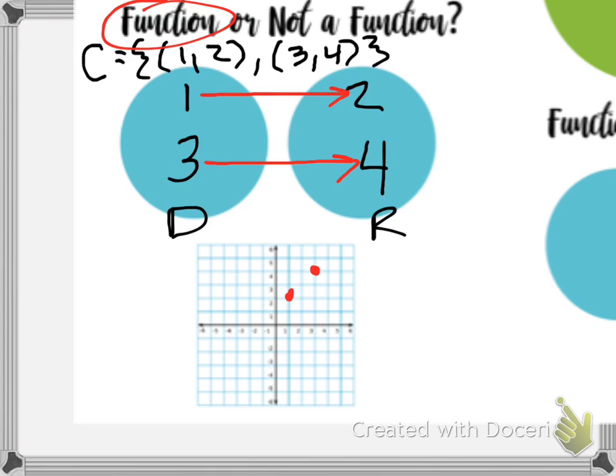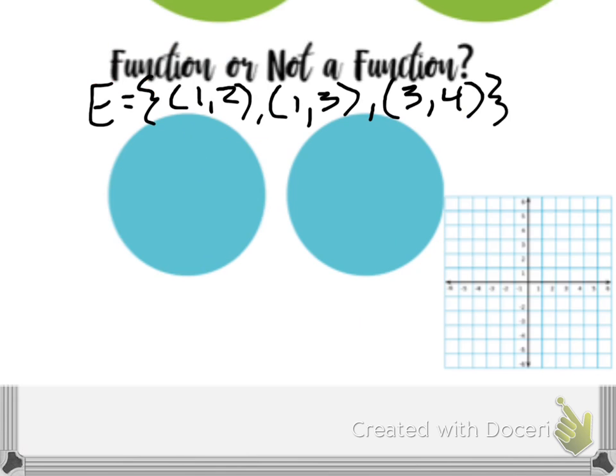The other way I can tell that this is a function is because on my graph, every x just has one y partner. So basically, this right here is a function because I don't have dots above other dots, like points right above other points in one column from my x's.